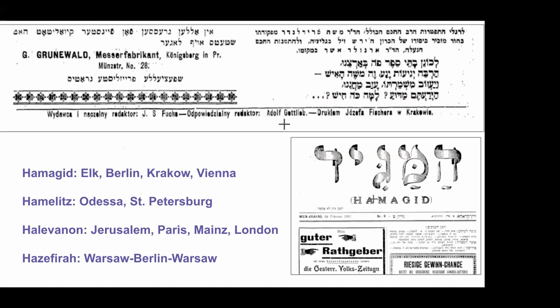And so even the one paper, Lebanon, which started in Jerusalem, only lasted 1 year there and had to move to Europe to be printed, and so were the others, as well as Hamagid, which I took the snippets from, and that actually for some time came out in Kraków, although not the period that I'm dealing with in this specific talk.